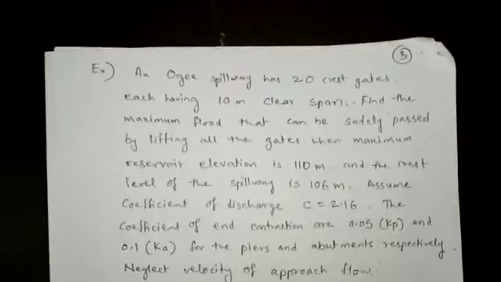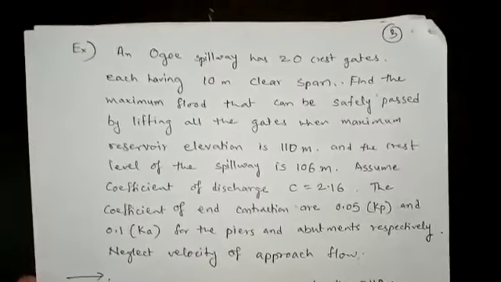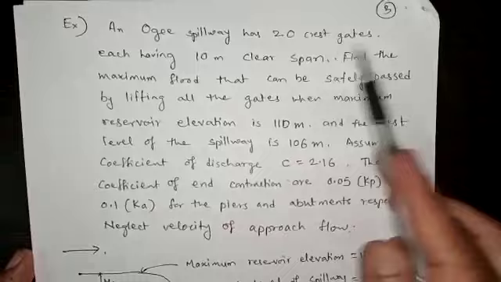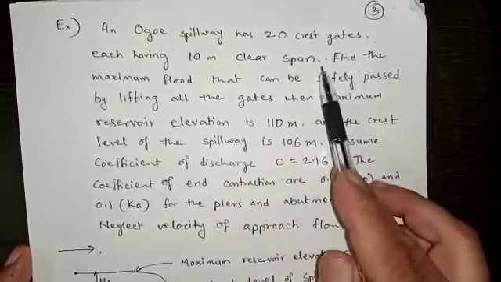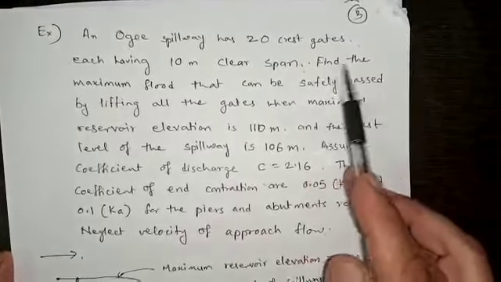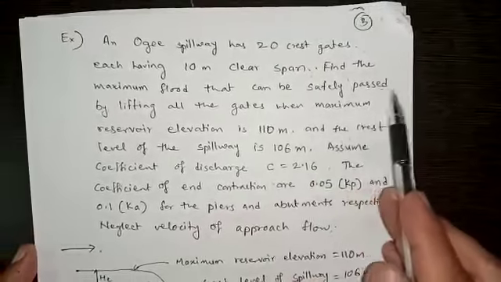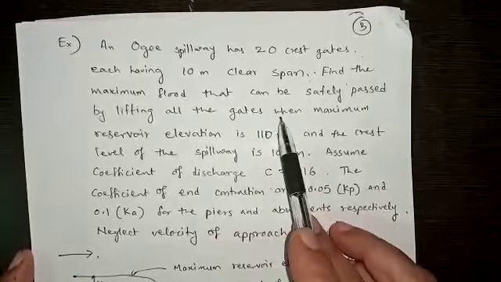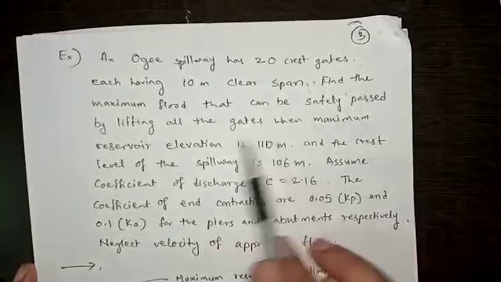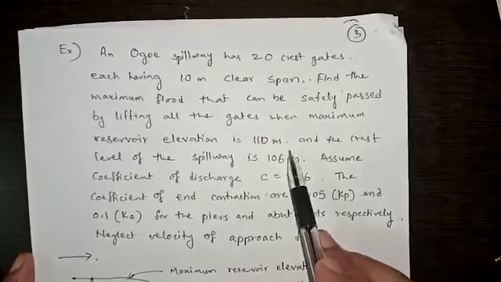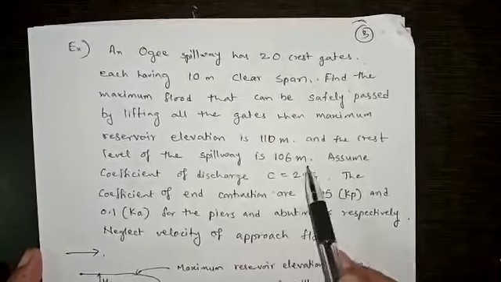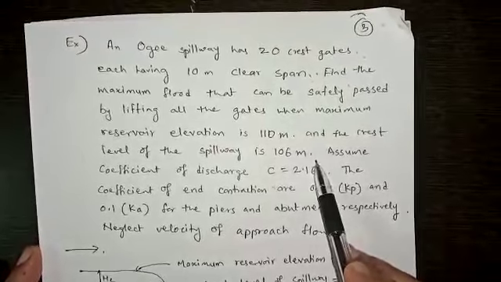Now, the second problem. Let us note down the second problem. An ogee spillway has 20 crest gates, each having 10 meter clear span. Find the maximum flood that can be safely passed by lifting all the gates when the maximum reservoir elevation is 110 meter and the crest level of the spillway is 106 meter.